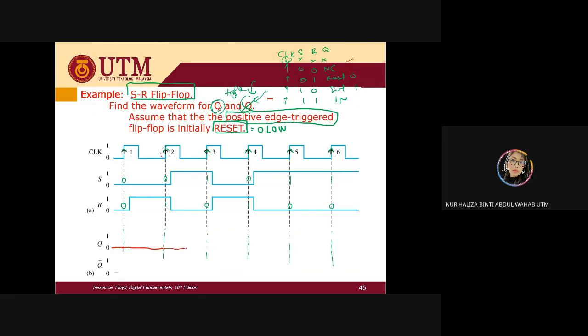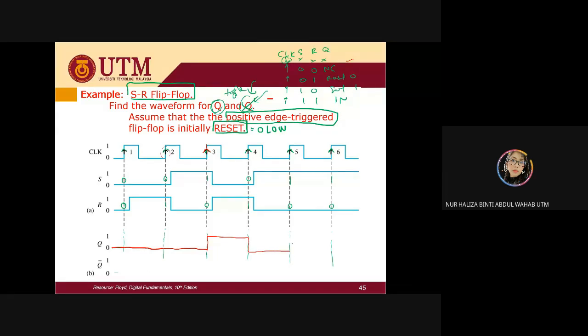my next dotted line for my next trigger clock. So here will be 1, 0. 1, 0 is set. So I'm going to draw up until my next positive clock. Here is 0, 1, which is reset. I draw like this.